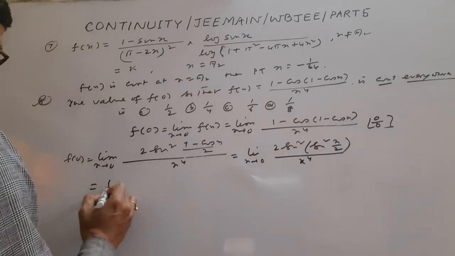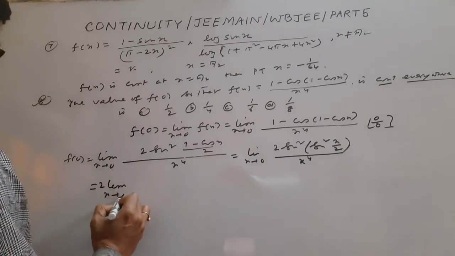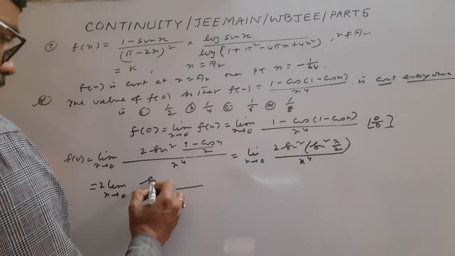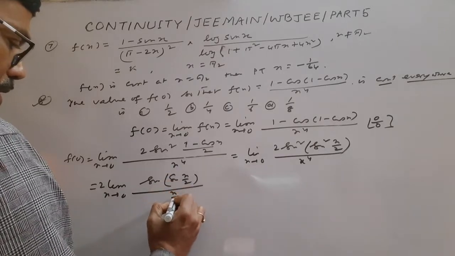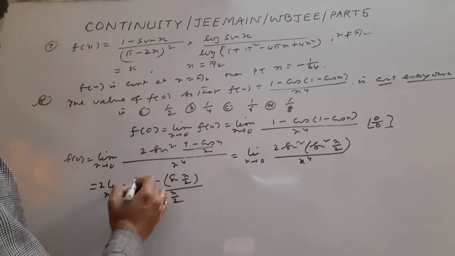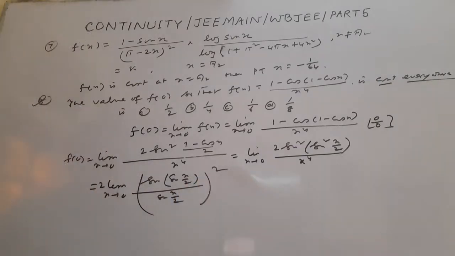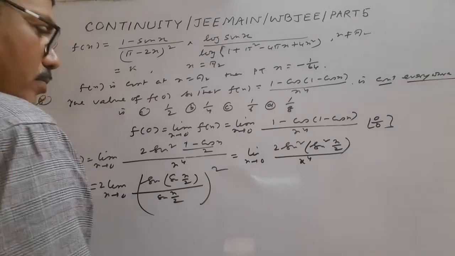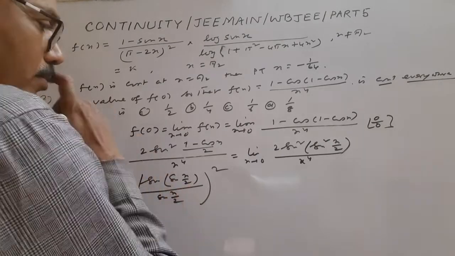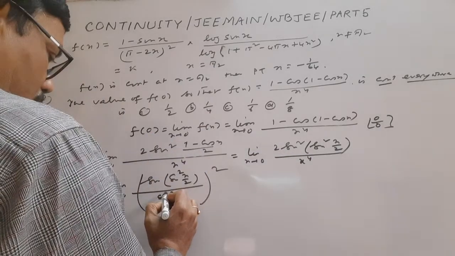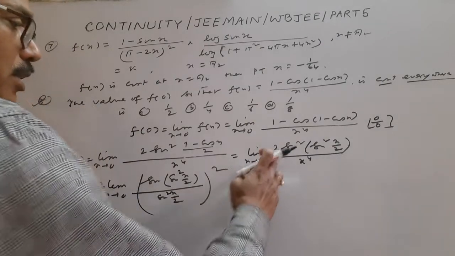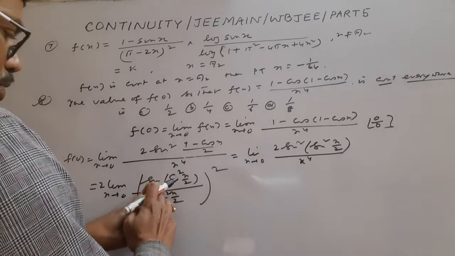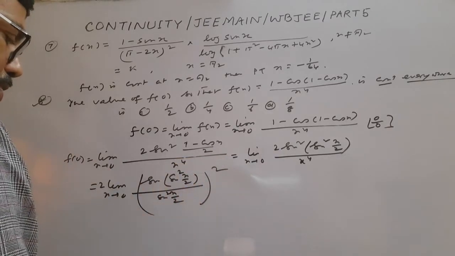Now 2 outside, limit x tends to 0. As x tends to 0, sin square x by 2 also tends to 0, so sin of this whole square, sin square of (sin square x by 2), is balanced by the sin square x by 2 in the denominator.